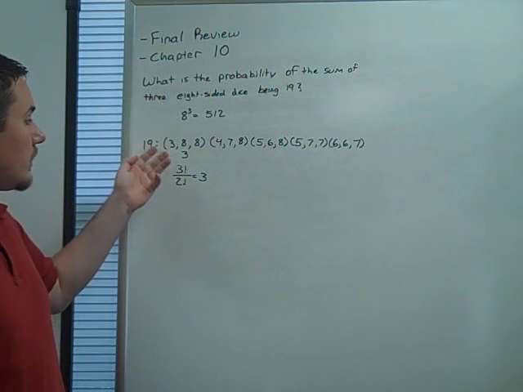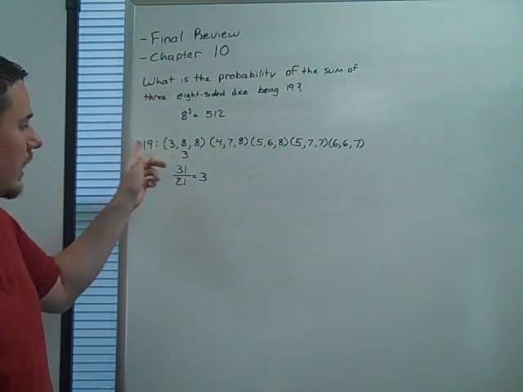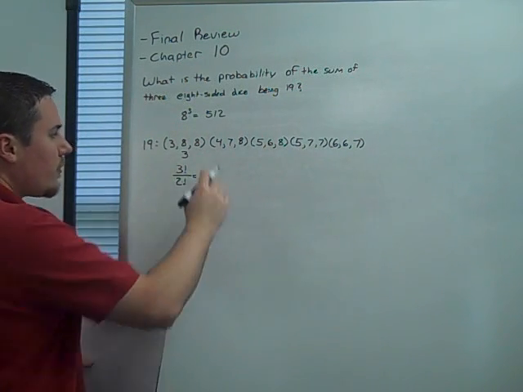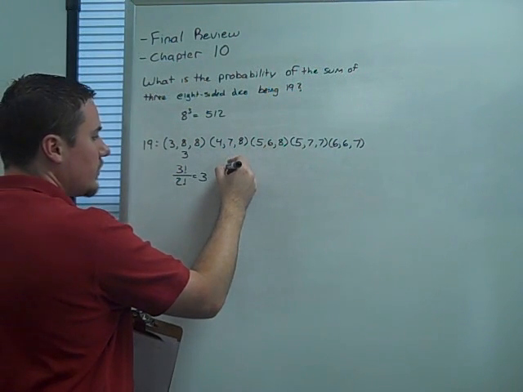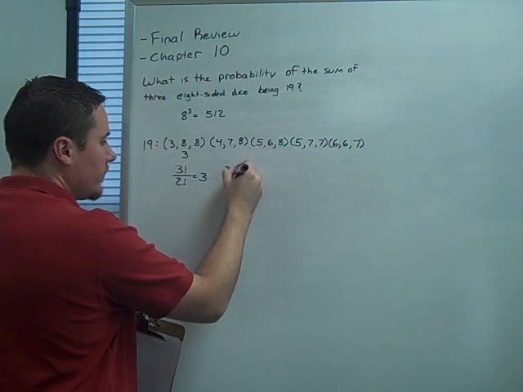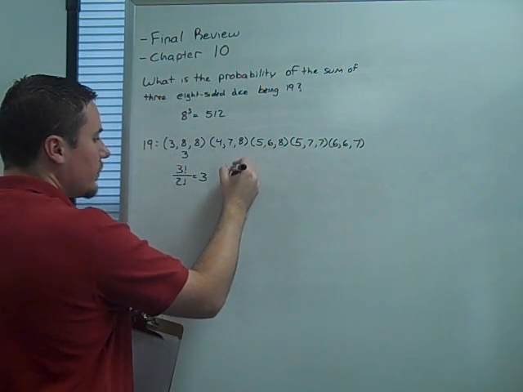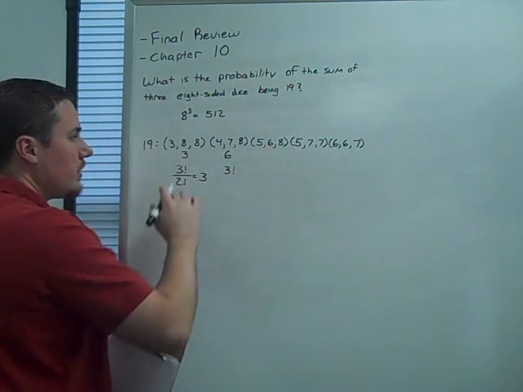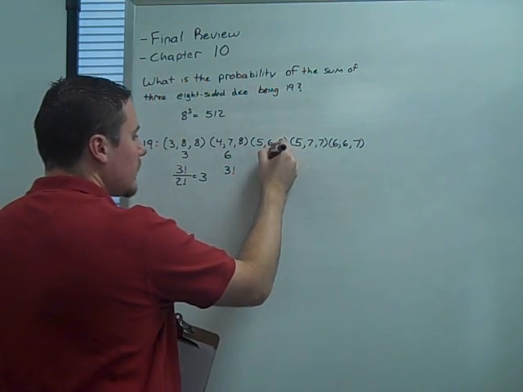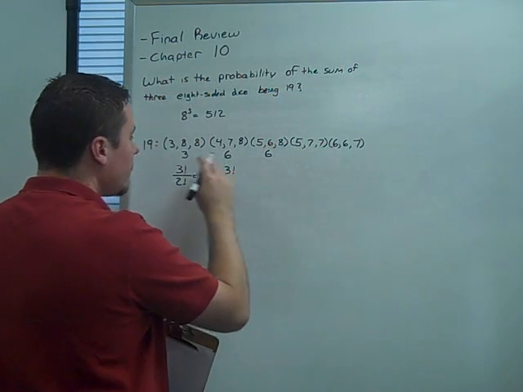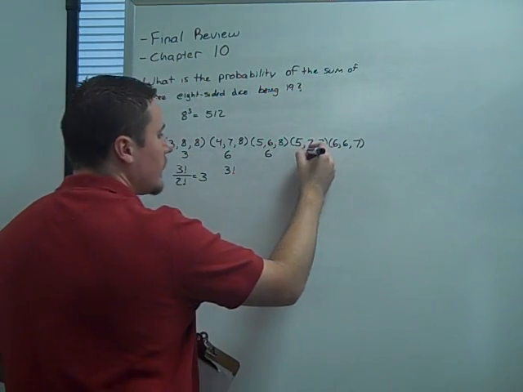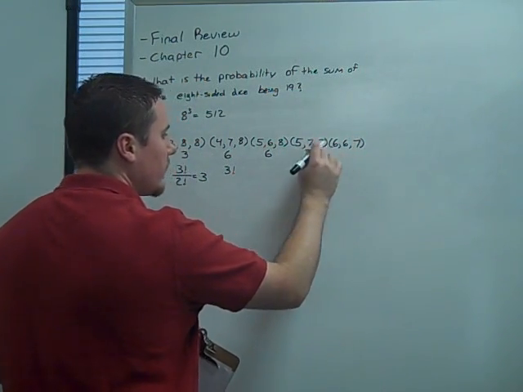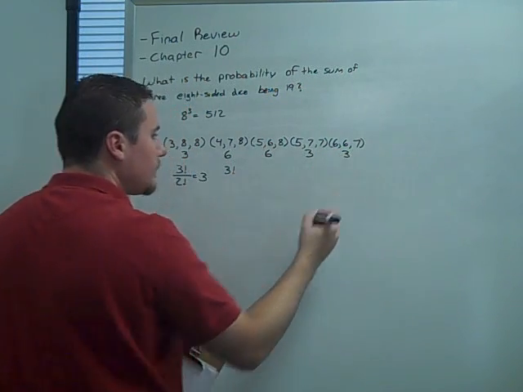You could think of each one: there's 388, 838, and 883. 478, because those are 3 different numbers, is just going to be 3 factorial, which is 6. Then 568, similar to 478, has 6 different options. 577, similar to the first one, has 3 options. And 667 also has 3 options.